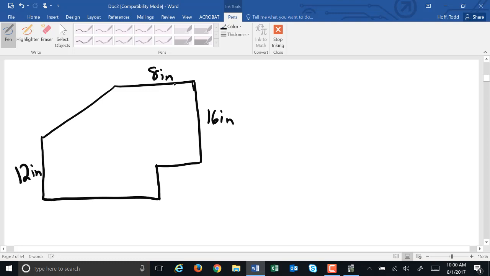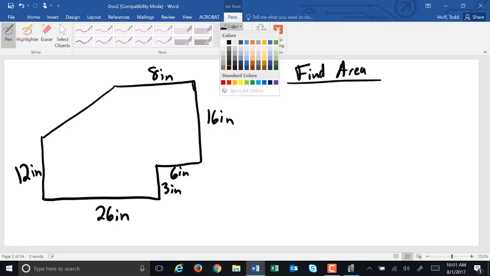Maybe not drawn to scale. Okay, definitely not drawn to scale. We're going to start out by finding the area. And yes, we are still going to find its perimeter, but we're going to start out by finding the area.